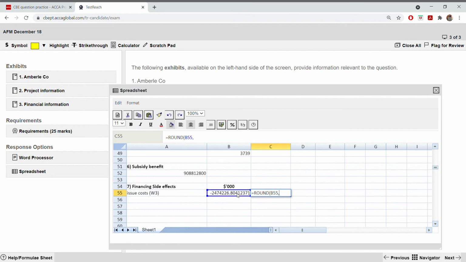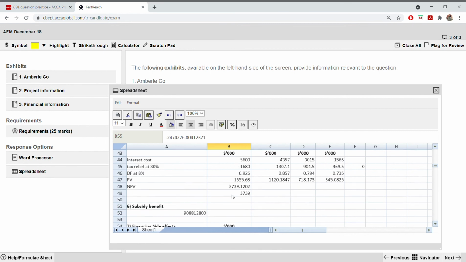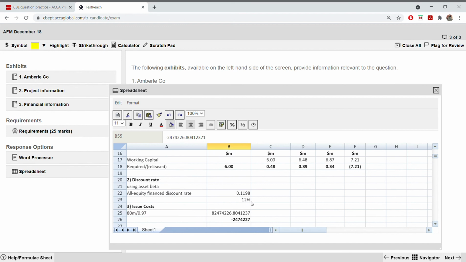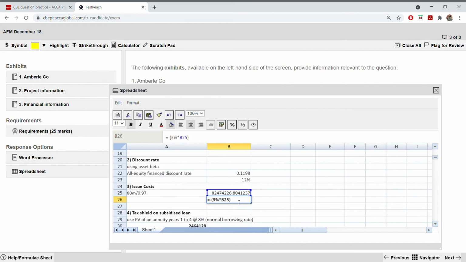whole number. Remember, they have dropped down the 3 zeros.